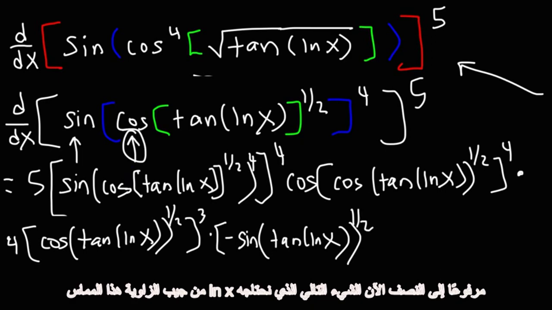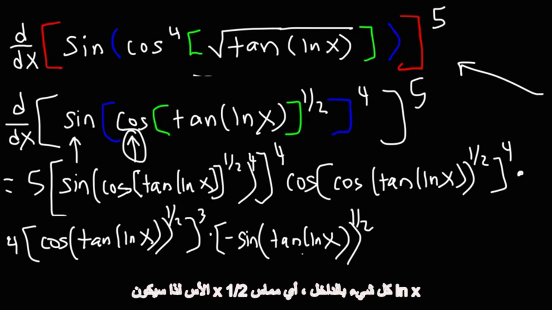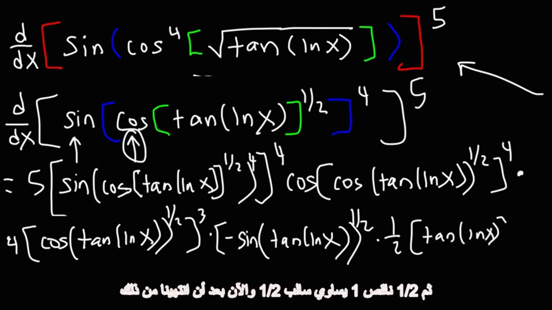Now, the next thing we need to do is move on to tangent. But before we do that, we need to work with the exponent. So it's going to be times 1/2, everything inside. So that's tangent ln x, and then 1/2 minus 1, that's a negative 1/2.